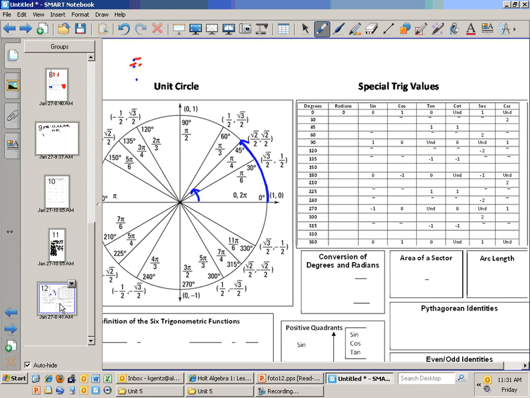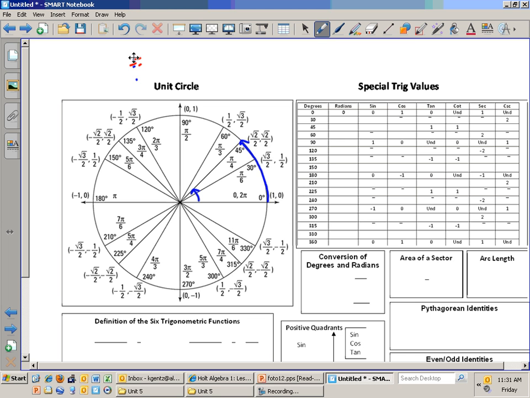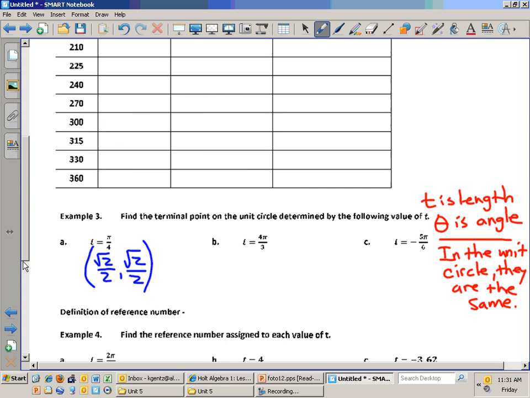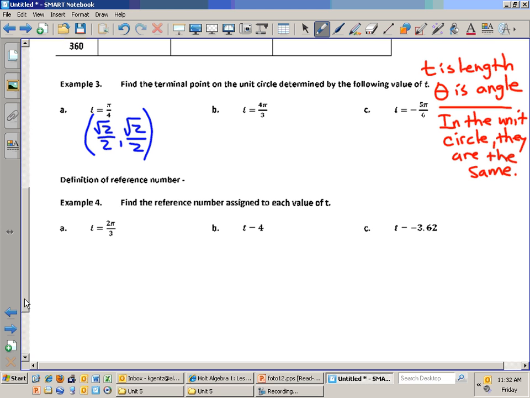If we go to our unit circle, 4 pi over 3 brings me all the way to right here. What is that terminal point? Negative 1/2 and negative square root of 3 over 2. Very good. That's the terminal point for that arc length.